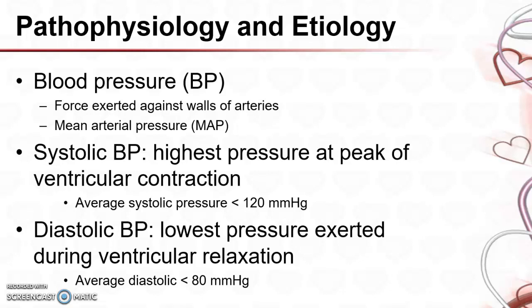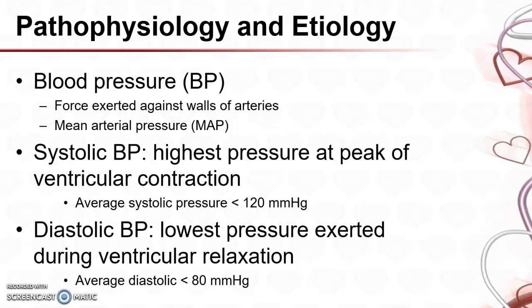Now, in order to calculate MAP, you need to know the systolic blood pressure and the diastolic blood pressure. The formula for figuring out your patient's MAP is MAP equals systolic blood pressure times 1 plus diastolic blood pressure times 2. Add those two numbers together and divide by 3.